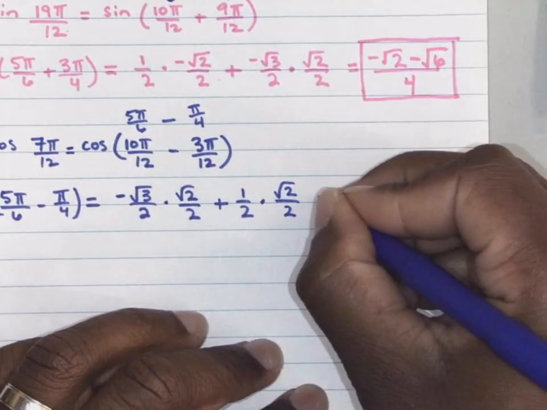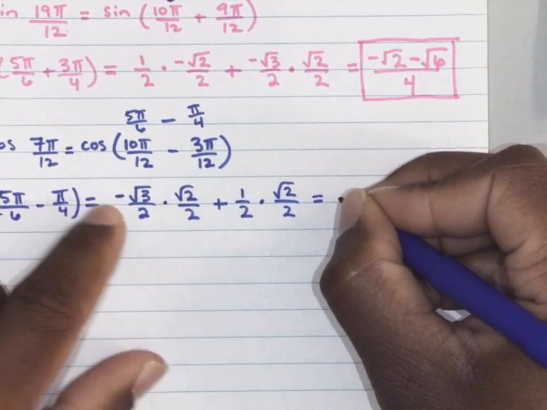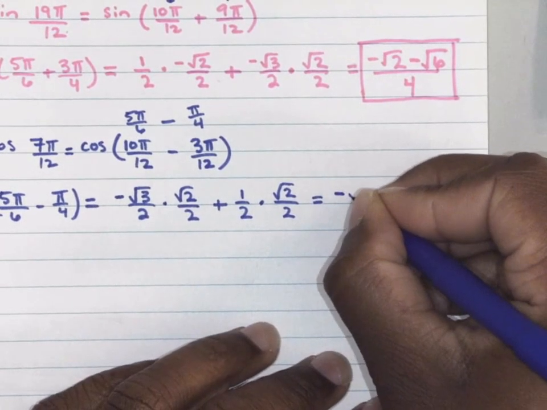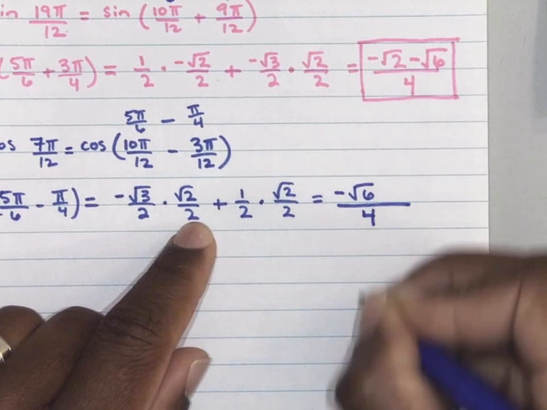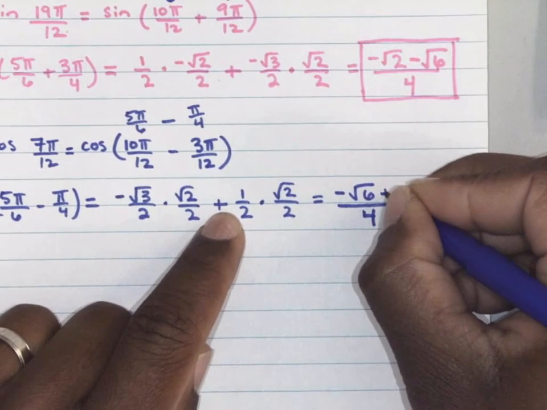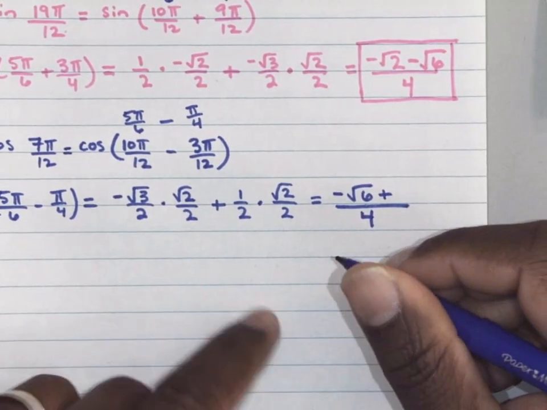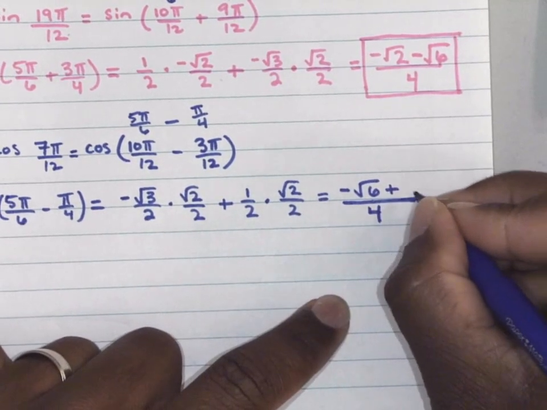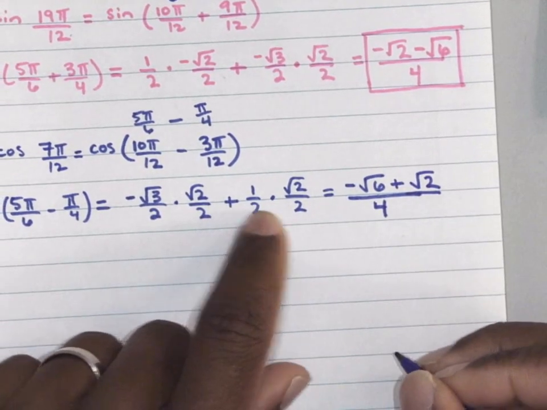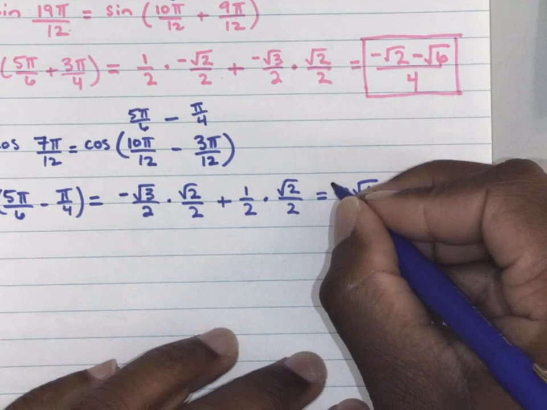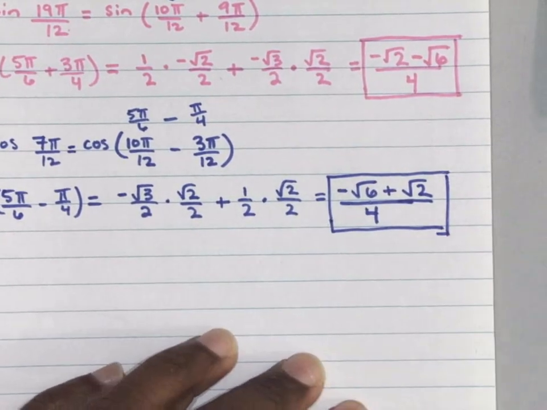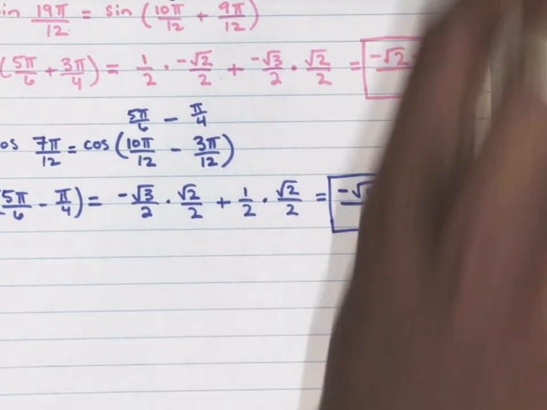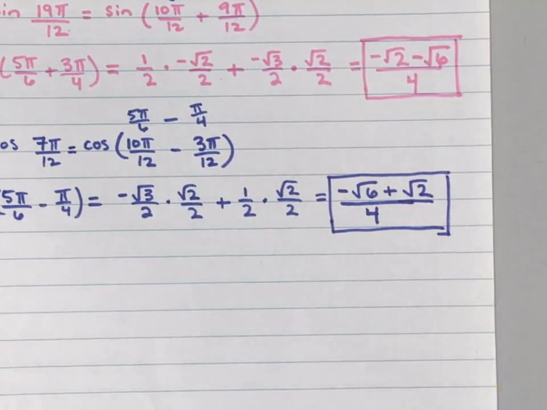Negative root 3 times root 2 over 2 times 2 comes out to be negative root 6 over 4. Plus two positive numbers, so it'll stay positive. 1 times root 2 is just root 2, and then 2 times 2 again, it's over 4. So this is what I got. And like I say, you could have root 2 plus root 6 depending on the angles you chose. The value of the expression should come out to be exactly the same.